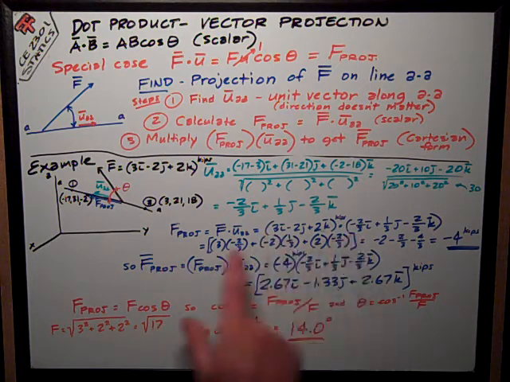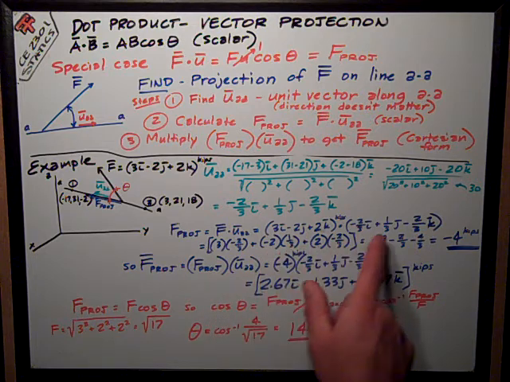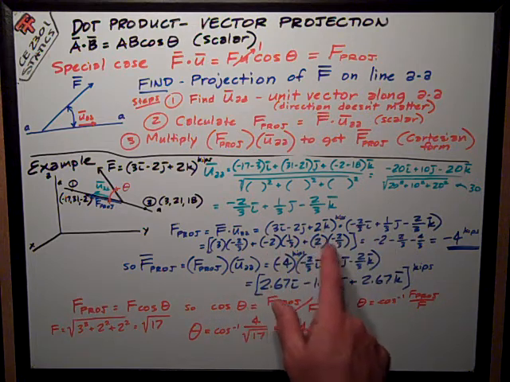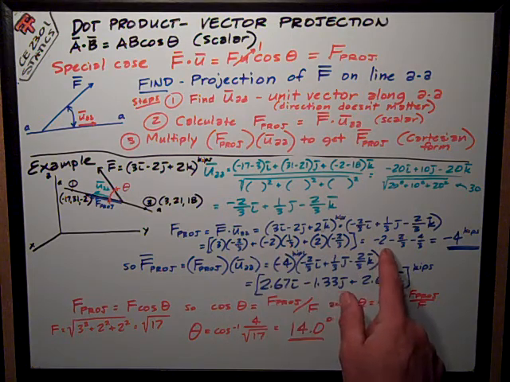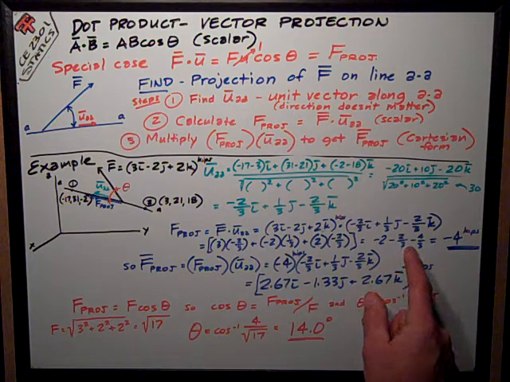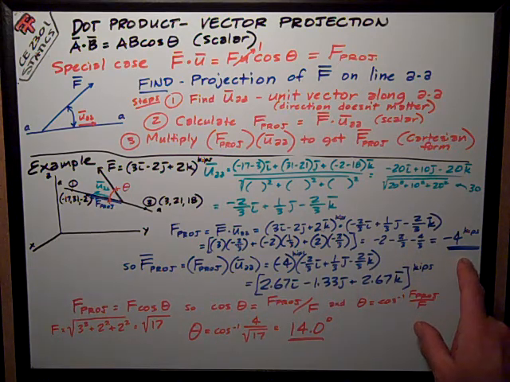So that's 3 times negative 2/3 plus negative 2 times 1/3 plus 2 times negative 2/3. Do all the math. I get negative 2 minus 2/3 minus 4/3. That's equal to negative 4. Remember, this is just a scalar value that I'm just adding up. Negative 4 kips is F projected.